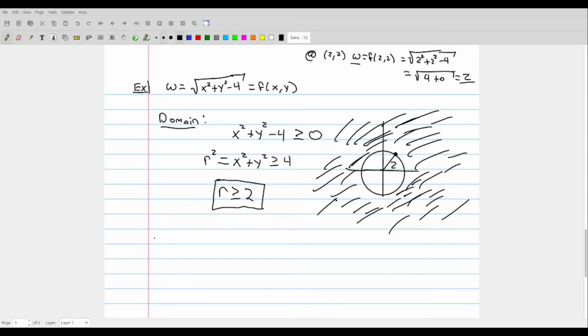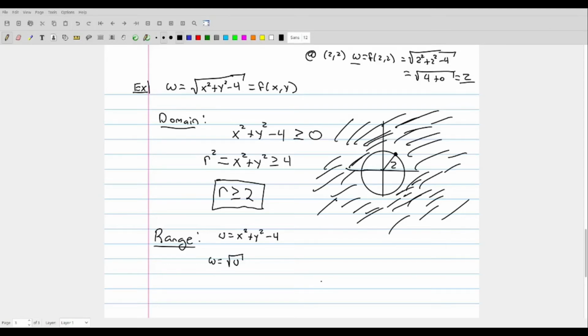Now for the range, it's a little bit different. The range is asking for what values this function hits, or what values it maps to. And for the range, you can always view this as a composition. That's probably the nicest way of doing this. So if you view u as being equal to x squared plus y squared minus 4, then w is just equal to the square root function of u.